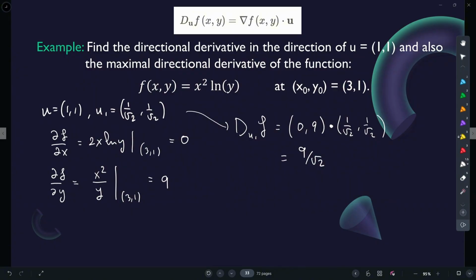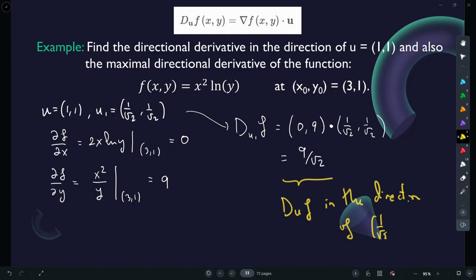So let's see what happens if I compute the maximal one.